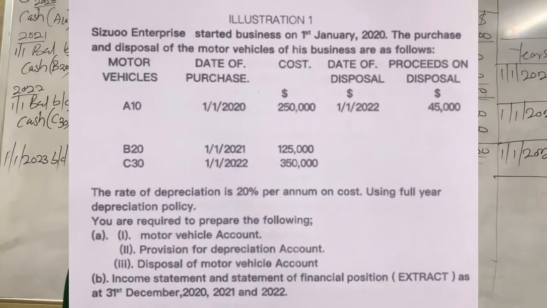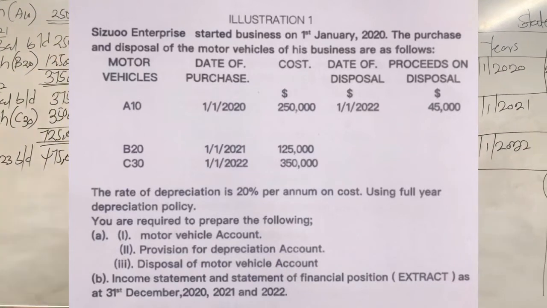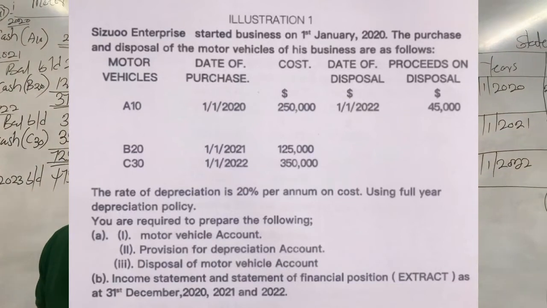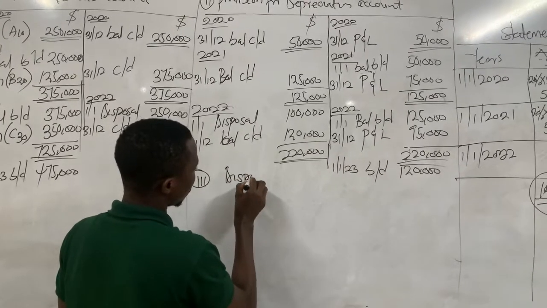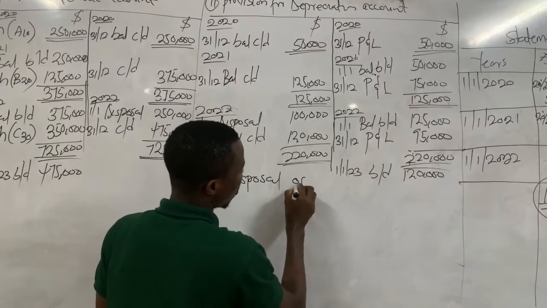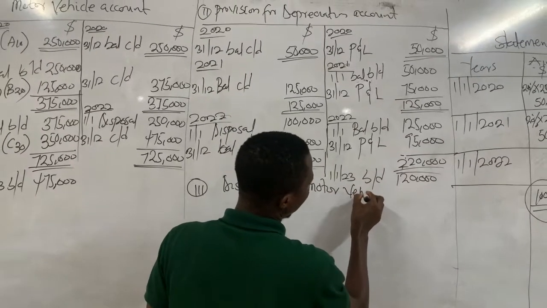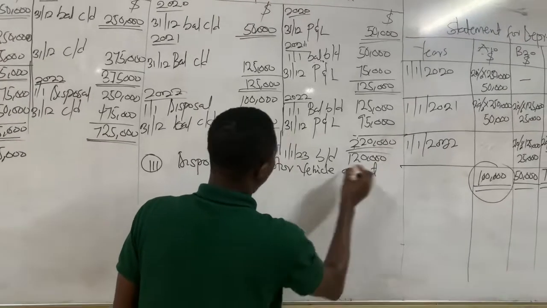Let's move to requirement III, which talks about the preparation of the disposal of motor vehicle account.